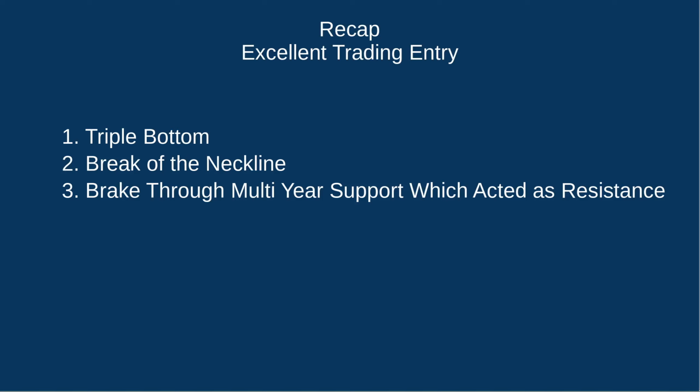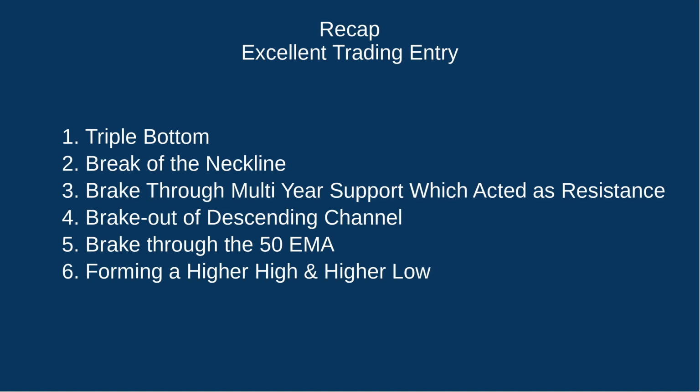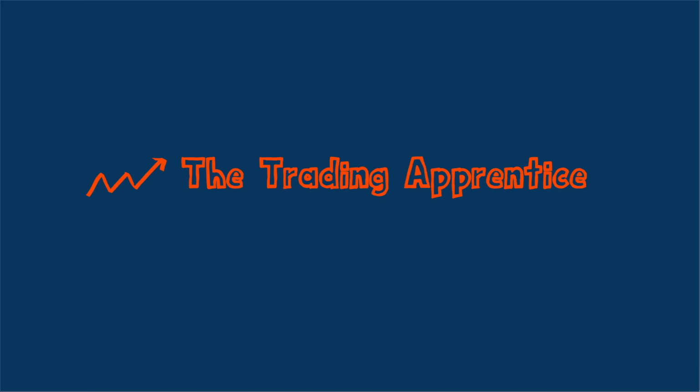Later we had the break through the multi-year support, which acted as resistance, and a breakout of the descending channel. Also we had a break through the 50 EMA, and finally we formed a higher high and a higher low, which told us that the trend is most likely going to reverse.